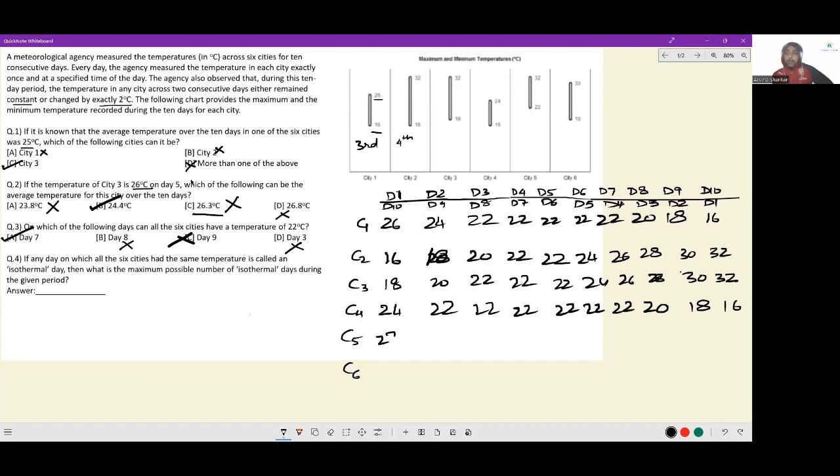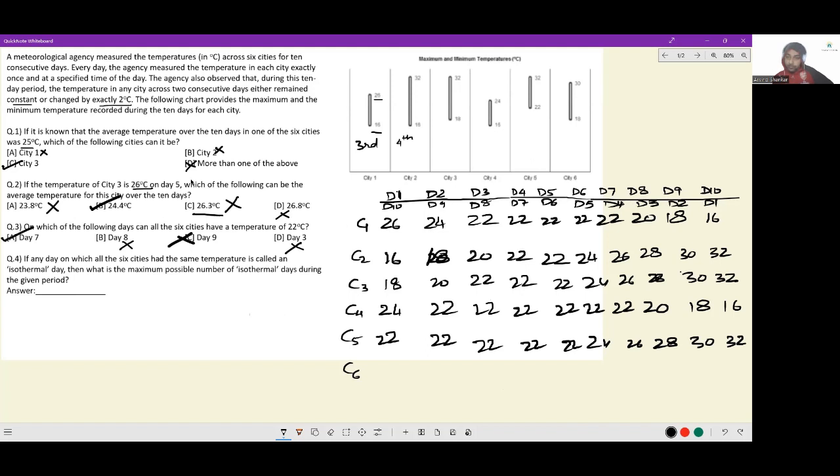Here it is already 22 right at the beginning. So 32, 30, 28, 26, 24, 22, 22, 22, 22.